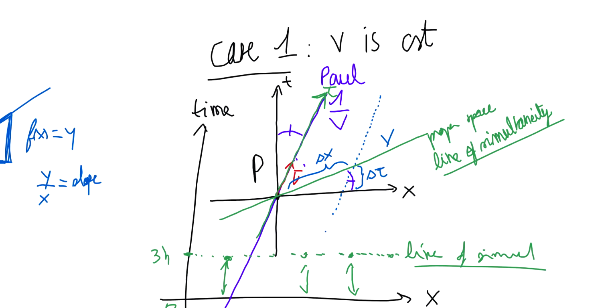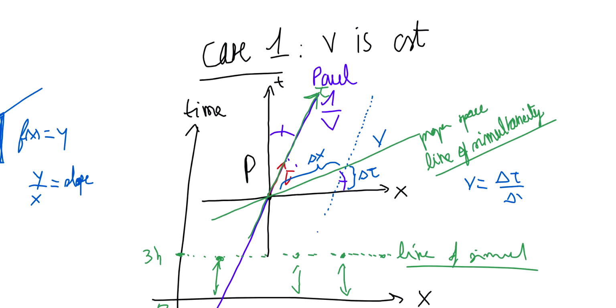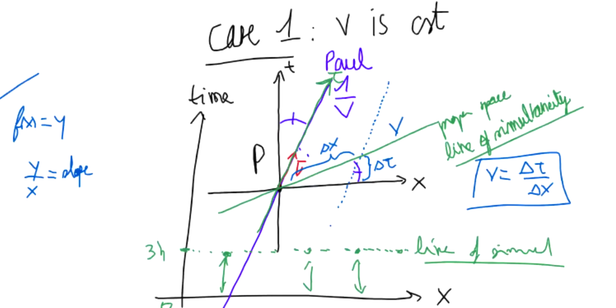So now I have v equals delta x divided by delta tau. This is useful and we will come back to it. Okay, but that was the case of v constant.